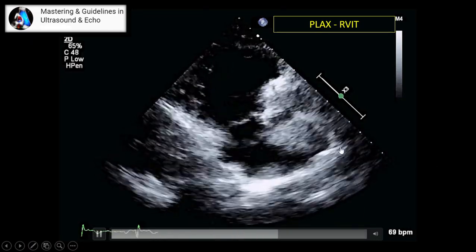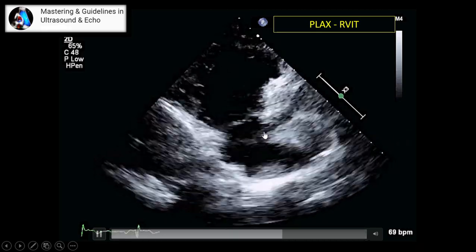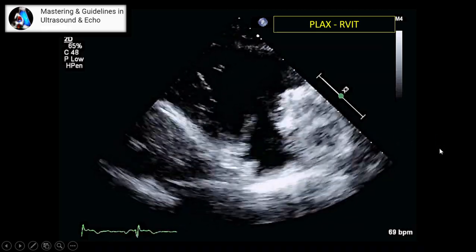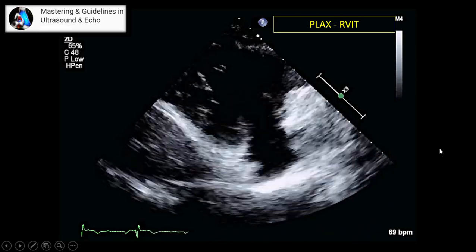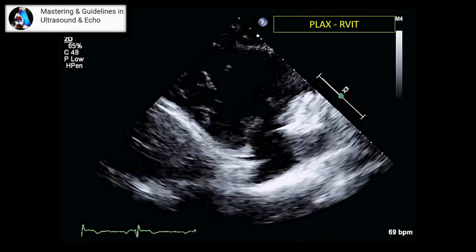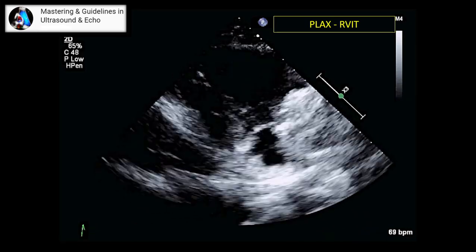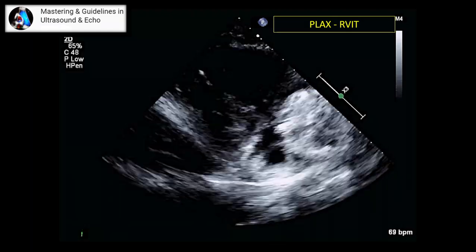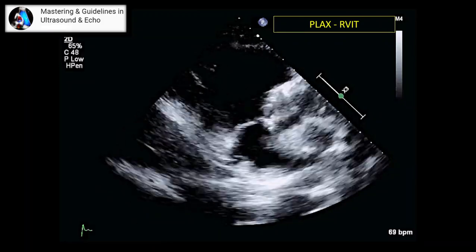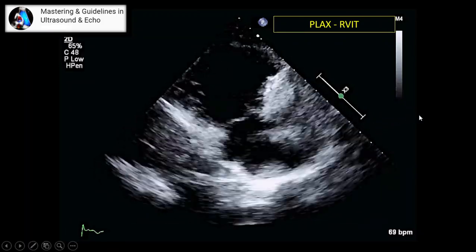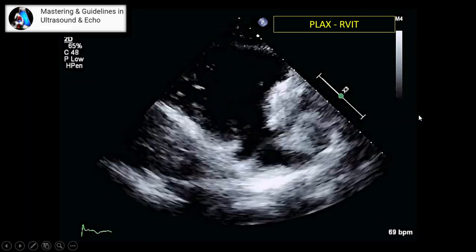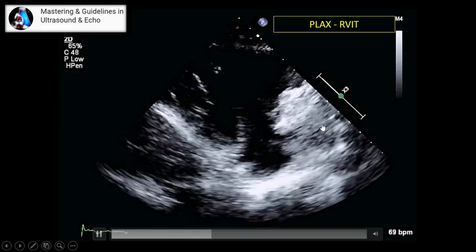tricuspid valve on PLAX. For getting this image or view, we just need from PLAX to fan or angle the tip of the footprint of the probe toward the right hip of the patient. Sometimes even a slide a little medial can give us the RVIT.